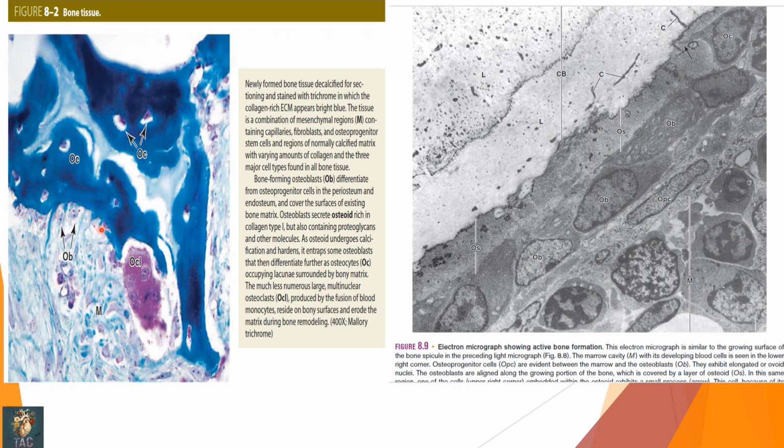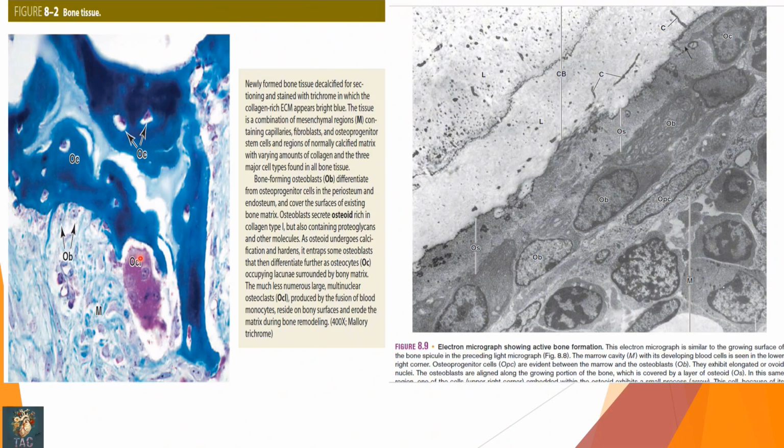This osteoid is non-mineralized, so you can differentiate. It is strongly stained with the basophilic dye. Then you can see when mineralization takes place, this osteoid is mineralized, the entrapped osteoblast now becomes the osteocyte, and here you can see the osteoclast which is present in a lacuna which is called the Howship's lacuna, or the resorption bay, present over here.